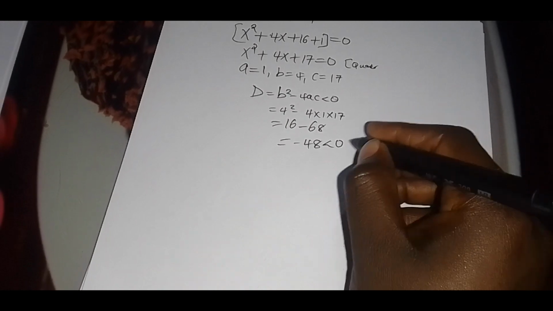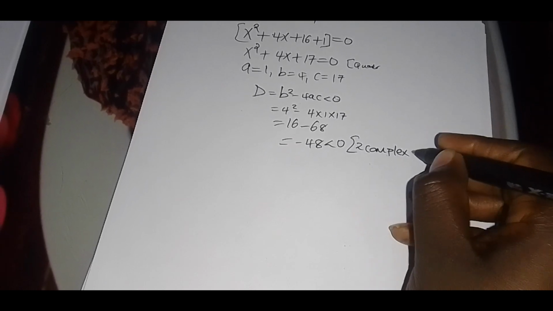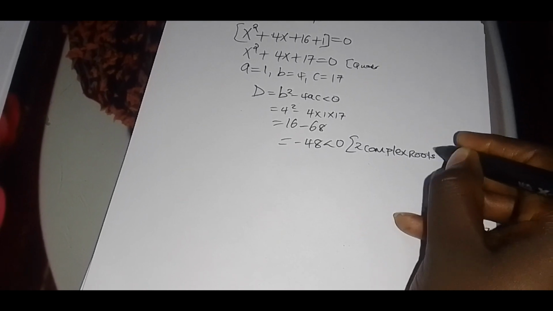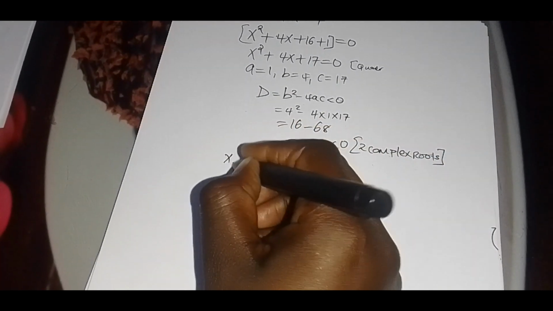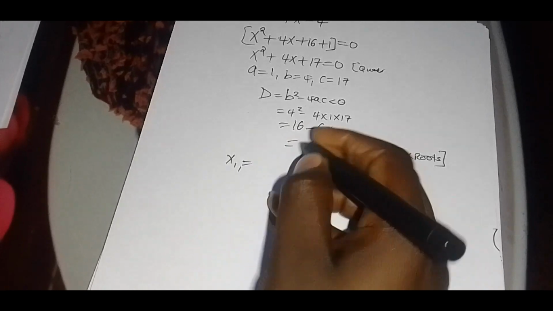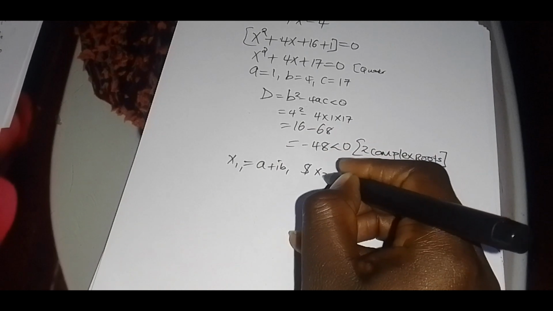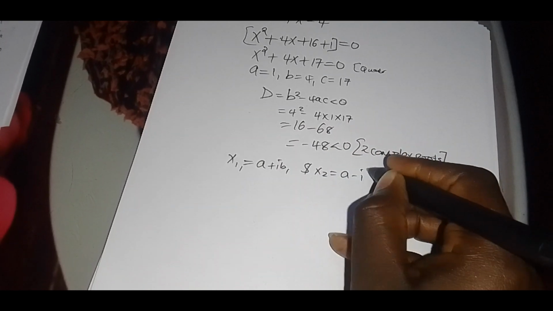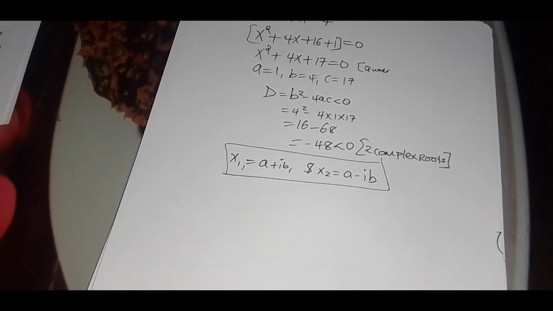That means that we have two complex roots. Remember, they are in the form of x1 equal to a plus ib, and x2 equal to a minus ib.